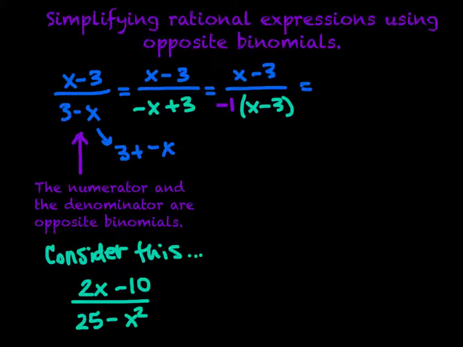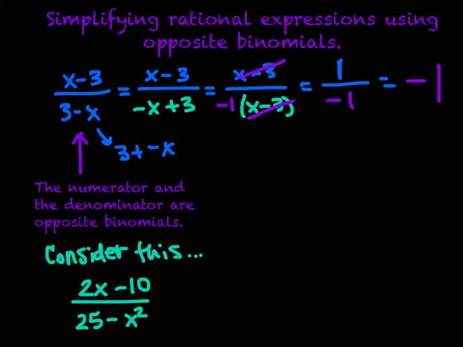So the top can simplify with the bottom. It's essentially dividing by 1. We're dividing by x minus 3 on the top and x minus 3 on the bottom, so we end up with a positive 1 on the top and a negative 1 remaining on the bottom. 1 over negative 1 simplifies to a negative 1.